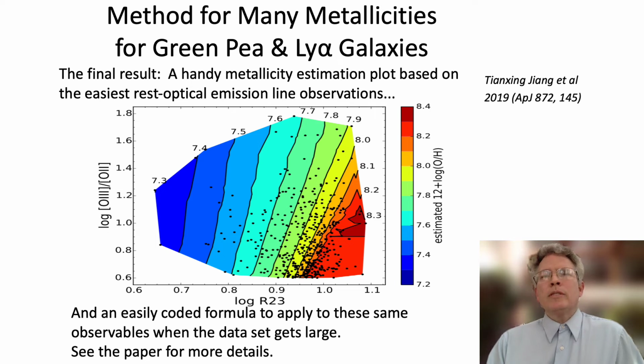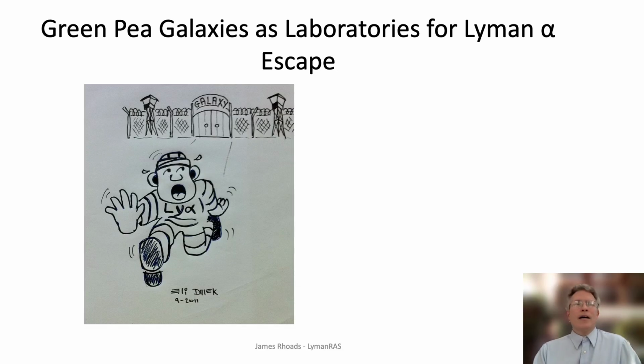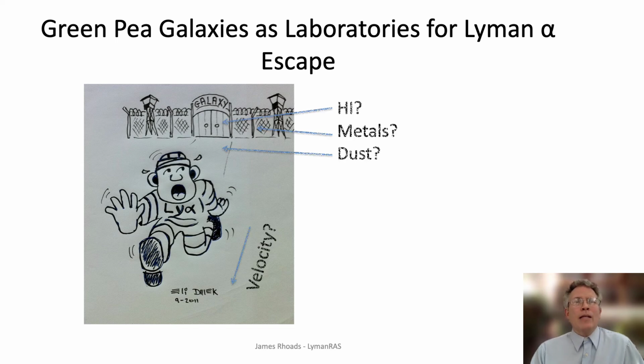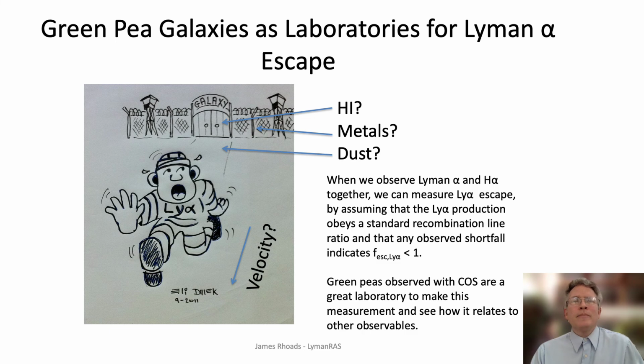The last recipe that I wanted to talk about is dealing with the escape of Lyman alpha from green pea galaxies. Now, this is the classic cartoon by Eli Dwek of Lyman alpha escaping from a galaxy, and we want to know, how does the escape depend on things like H1, metals, dust, velocity offset?